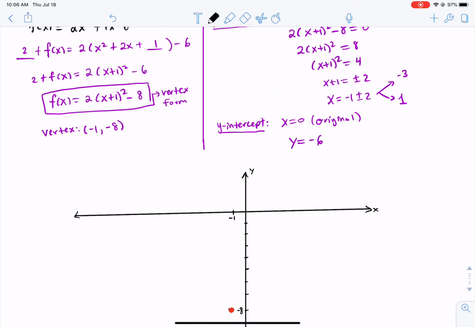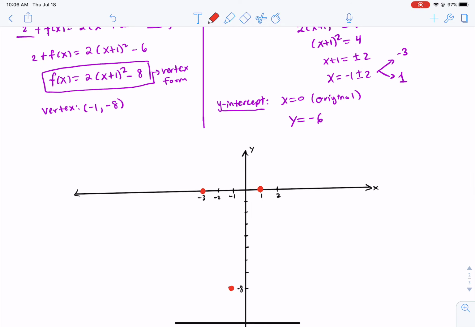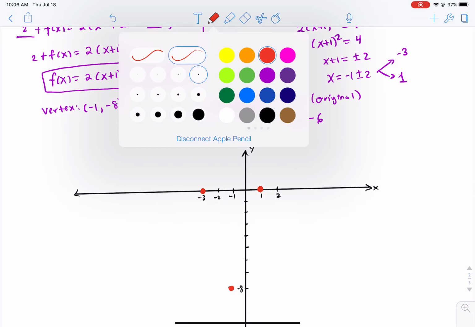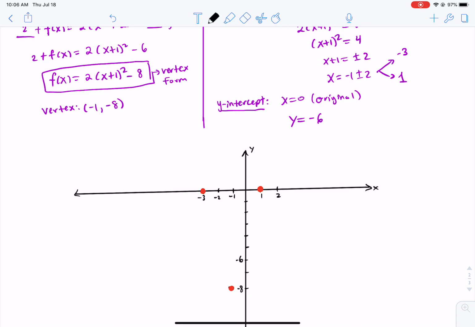So let me put negative 2, negative 3, and then 1 and 2, but I'm not going to need more than that. And now the y-intercept here will be negative 6. So this will be negative 6, like this.